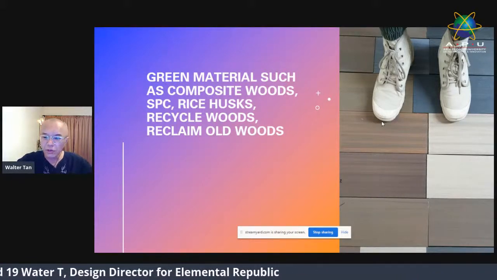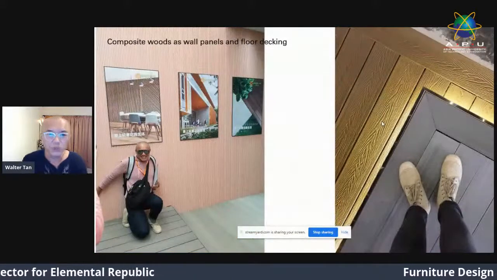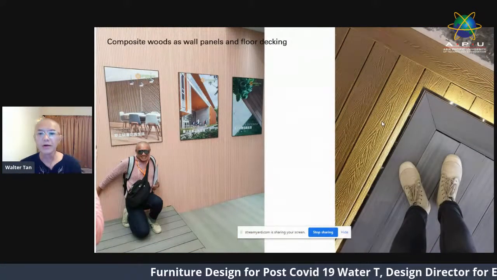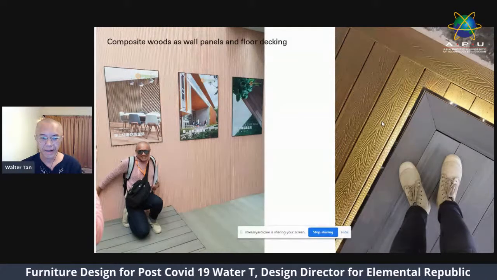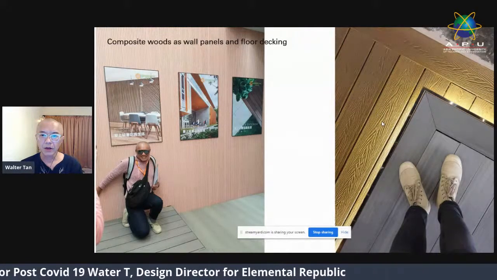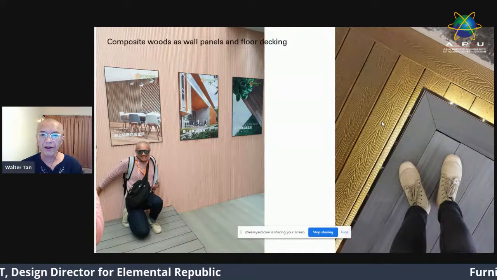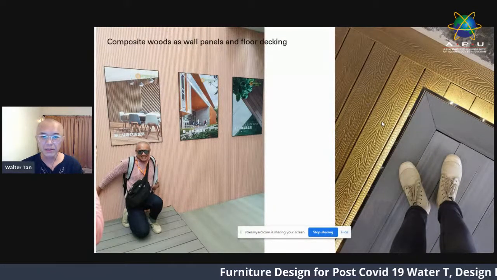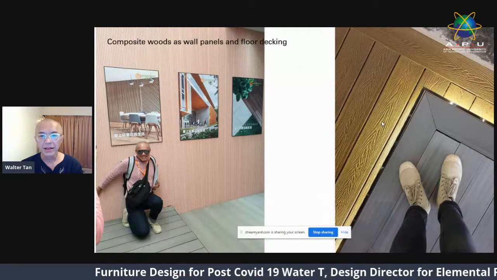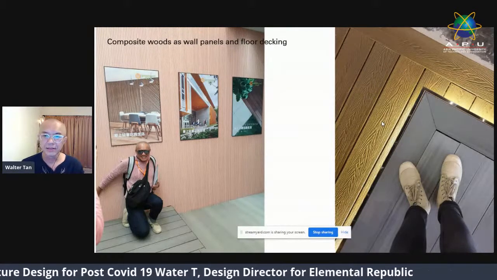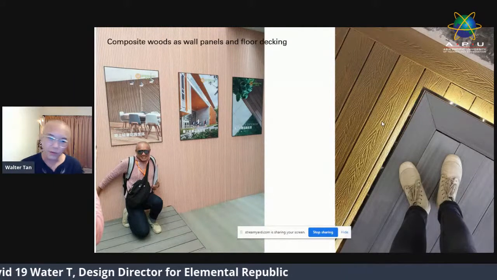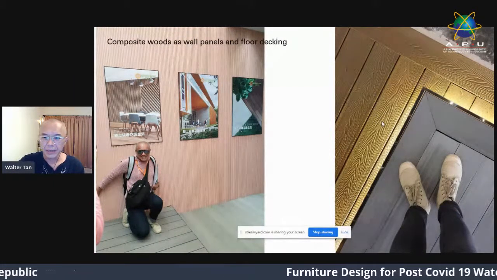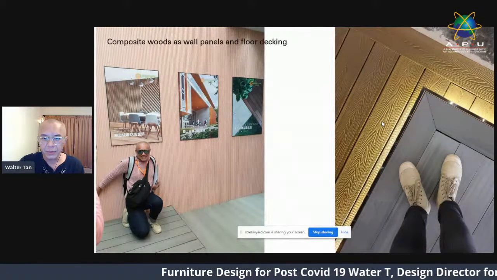So composite wood. Okay, this is the composite wood behind me, pink color. Okay, they collect all those wood fibers. Okay, and they collect all those from the airport. They collect all those plastic bottles, mineral bottles, and the cups they use in the airplane, and grind it together, melt it, mix it with some glue, and make it as a composite wood.